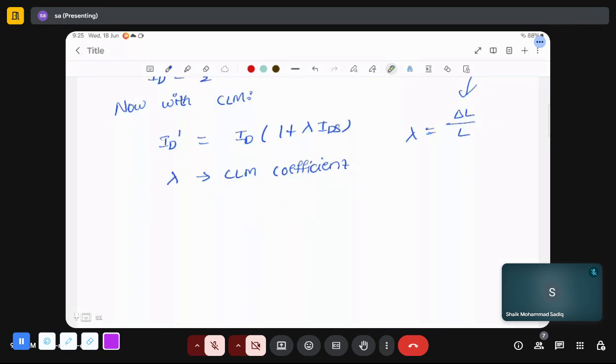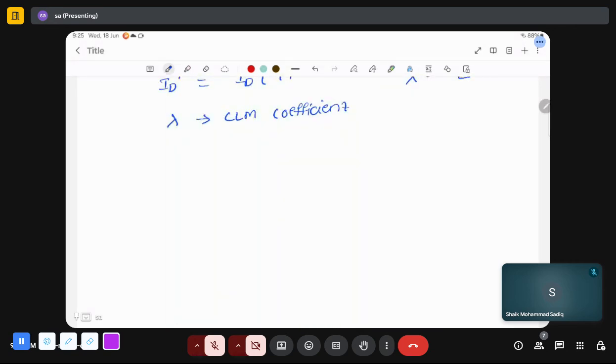Okay, we'll look at the same problems with channel length modulation: small signal analysis with channel length modulation.